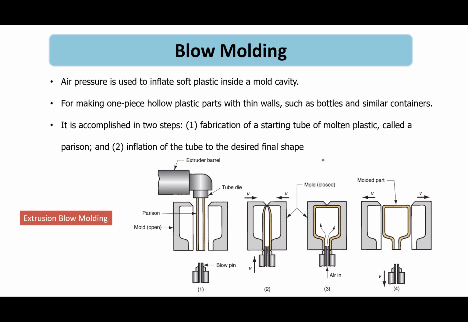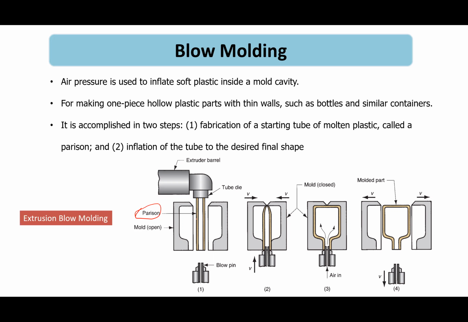It uses air pressure to expand the parison. That means the initial form is a cylindrical pipe-type shape, called the parison, and that parison is expanded into a cavity of the shape that you want to make for a bottle.